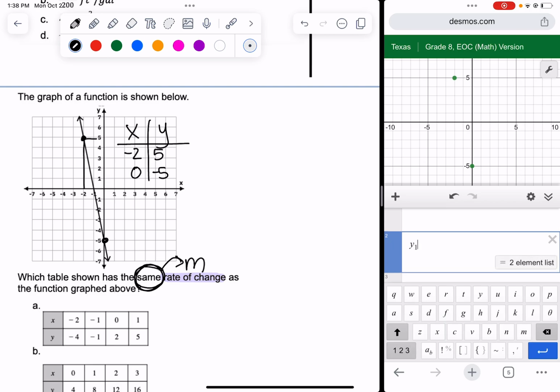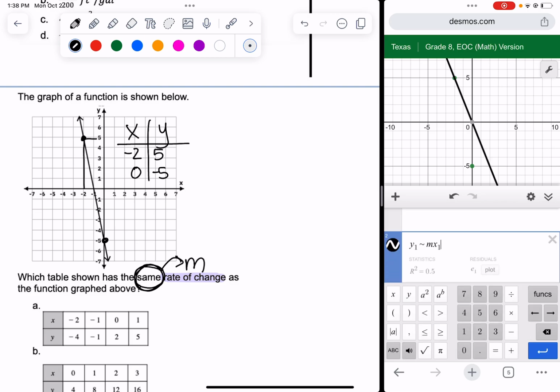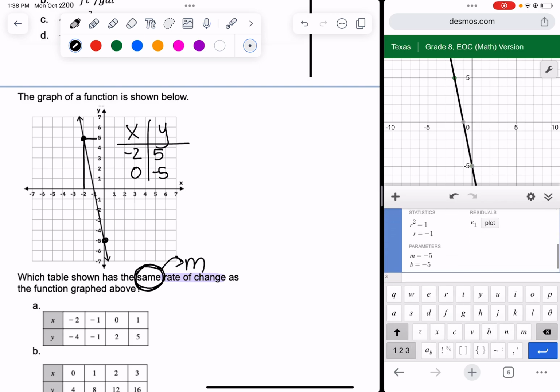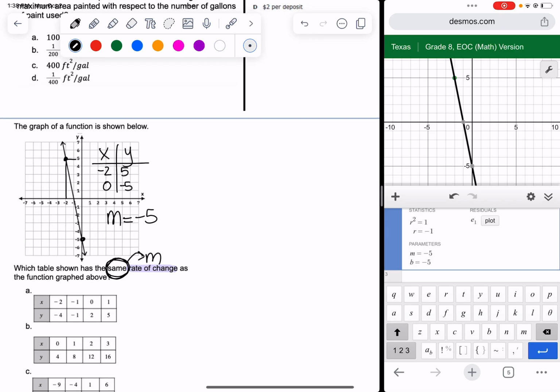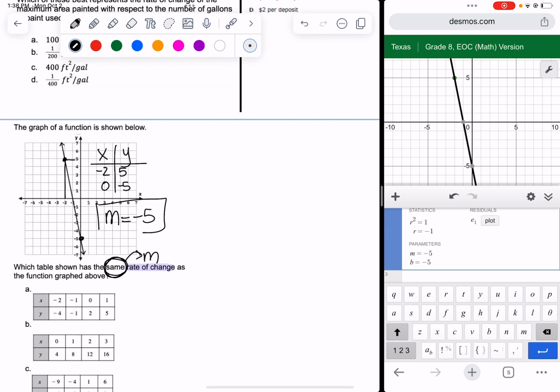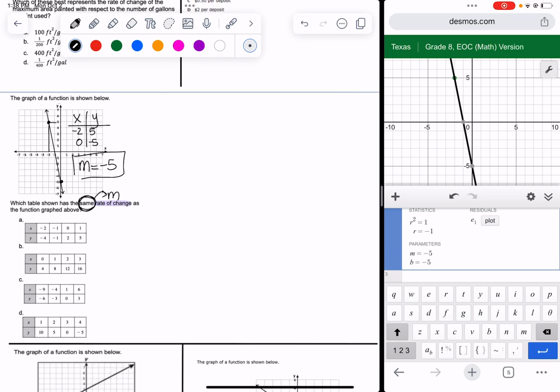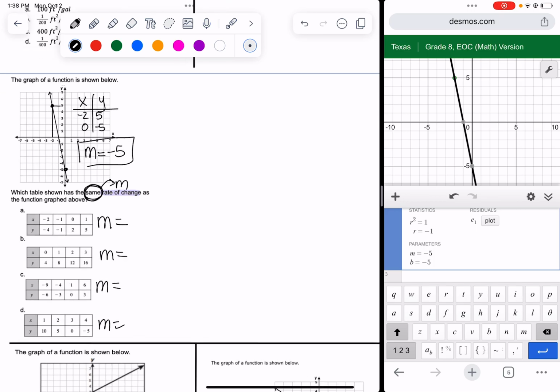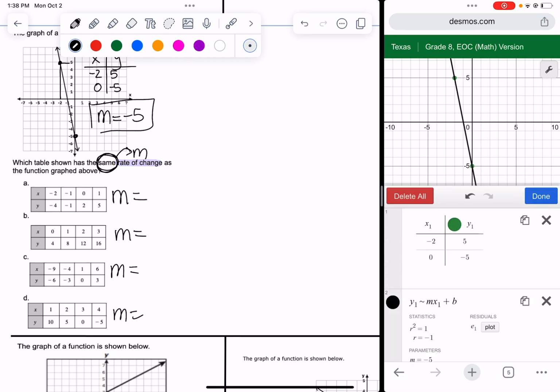Y1 squiggly line mx1 plus b. We have m equals -5 for the graph. So I want to match m equals -5, and I want one of these to equal m negative 5. So you'll have to do the Desmos table 5 times.